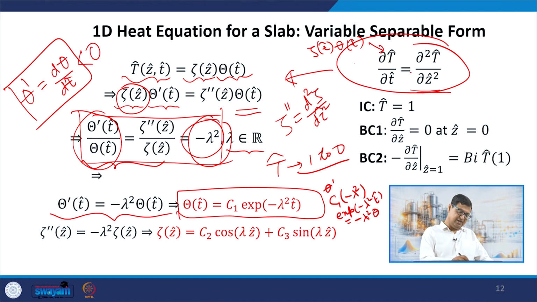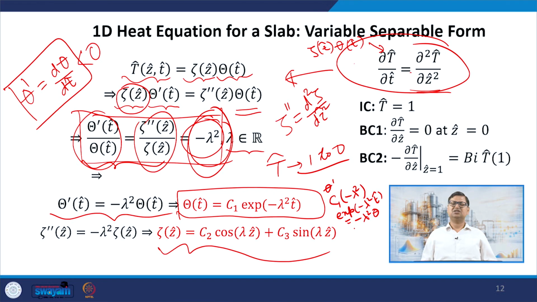On the other hand, if I equate the second and third term, that gives me another general solution in terms of cosine and sine. Again, you can take a second derivative of this. The first derivative gives me cos to minus sine, and the second derivative is minus cos. So, zeta double prime essentially will give me something like this. You can convince yourself by doing that.